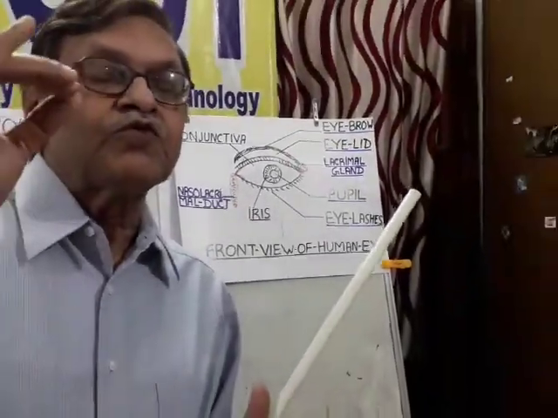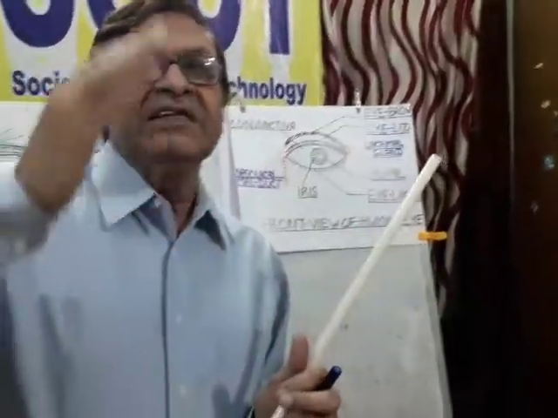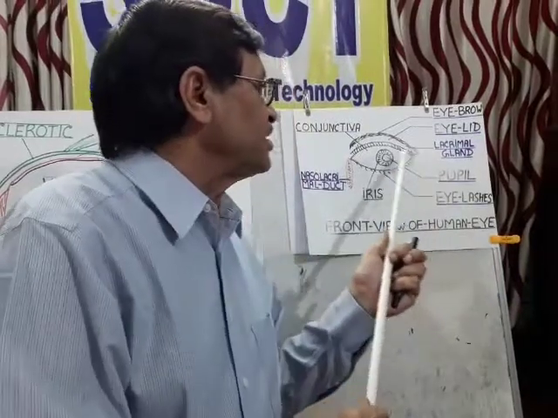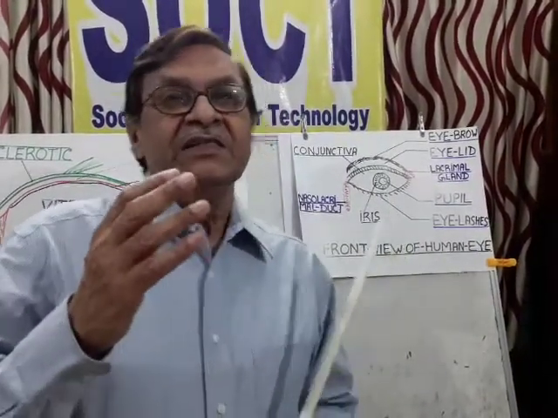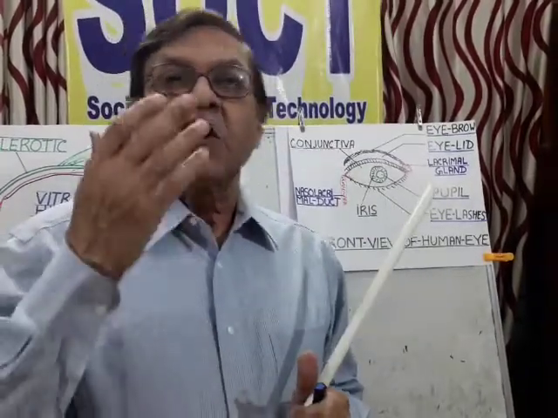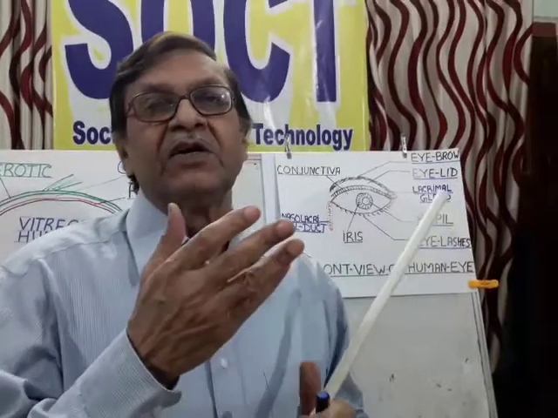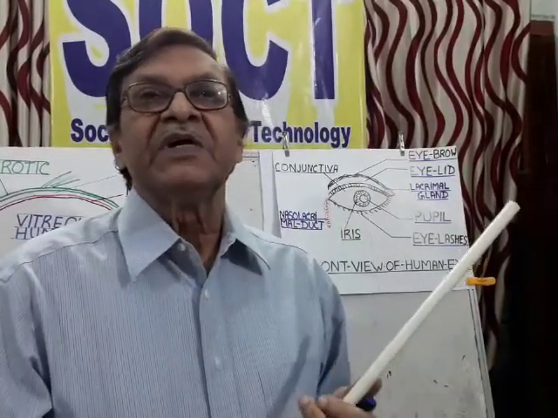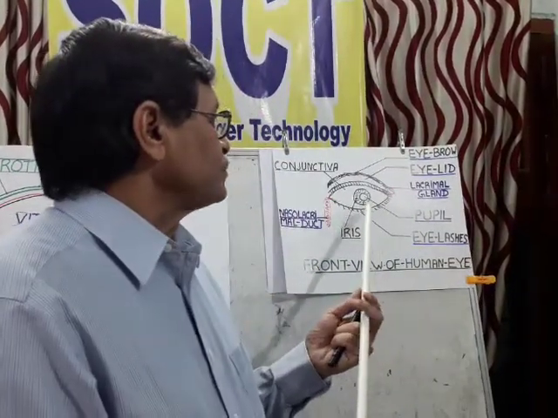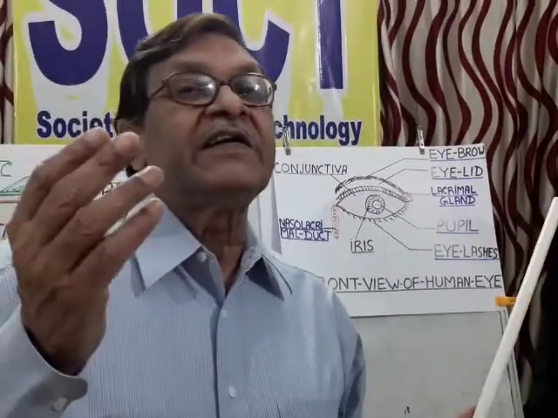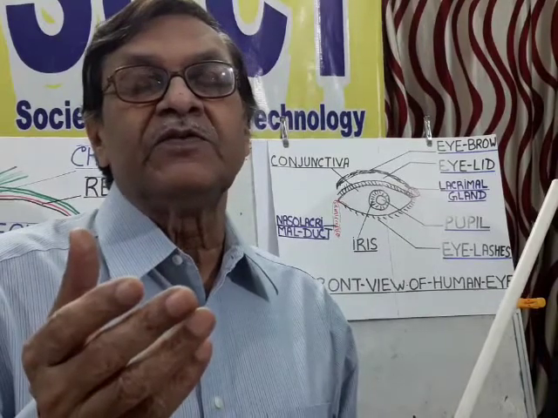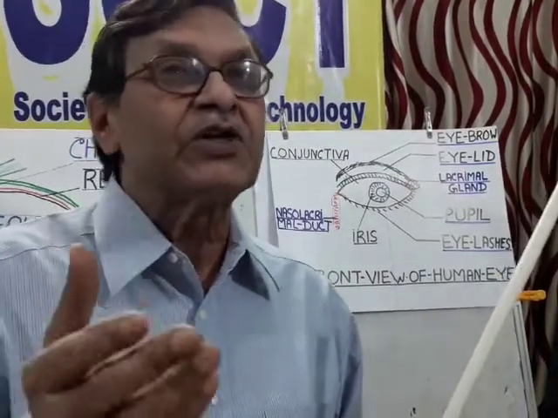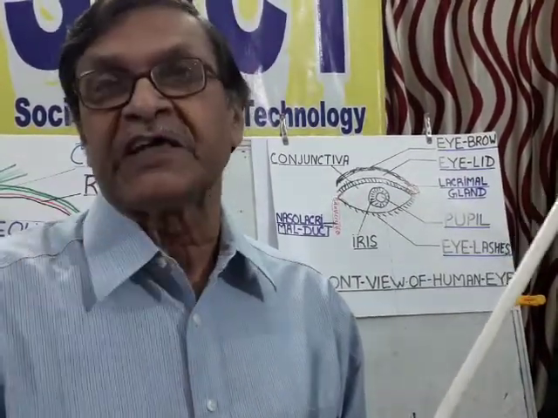Both eyelids close for a very short while. This blinking spreads this tear to all the surface of the eye. This is a lubricant. It also protects the eye surface from dust and foreign particles, and it also contains a lysozyme enzyme, which protects the eye from infection of gram-positive bacteria.